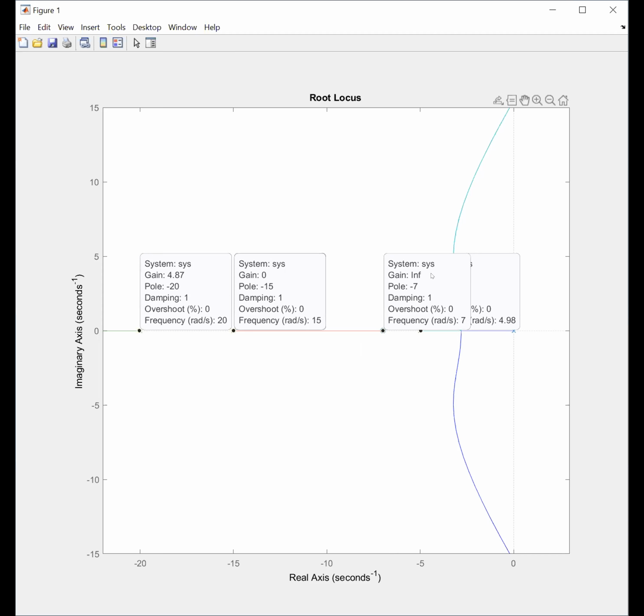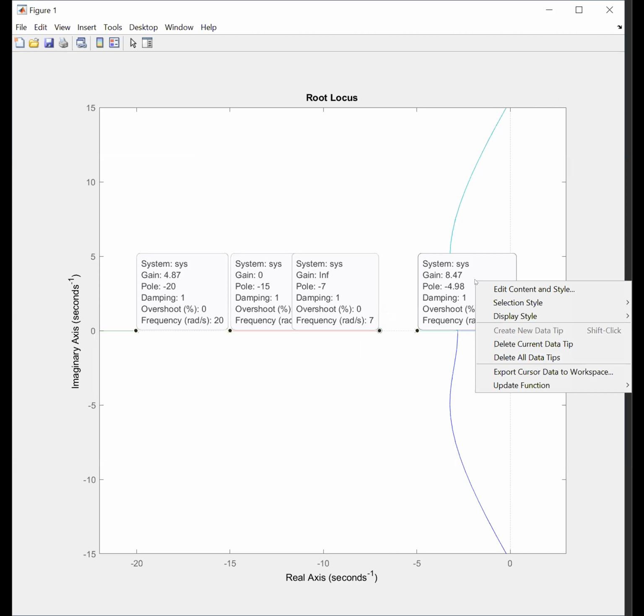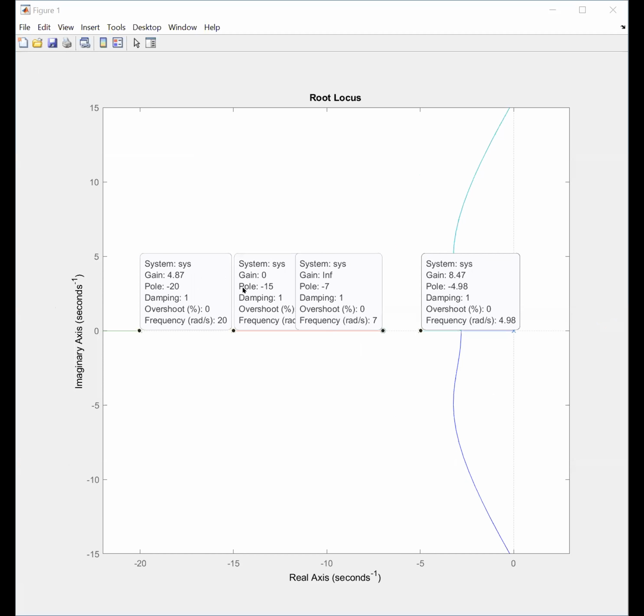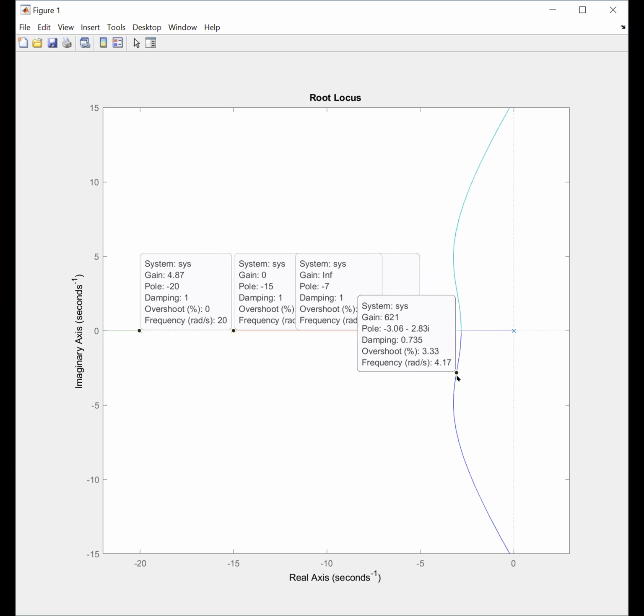Now I'm going to show you something. As you travel on the root locus, I want you to observe that the gain value is changing, and this is the value of k.